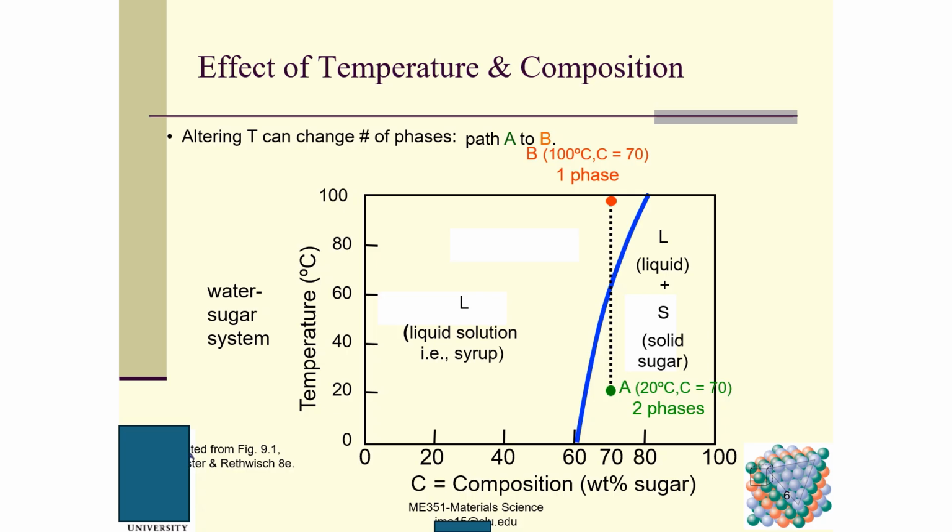You can see at the very beginning here, we have two phases. One is solid sugar, and liquid is another phase. These are two phases, right? However, when this path intersects this blue curve at this point, then past this point we will have one single phase, and this is the syrup.